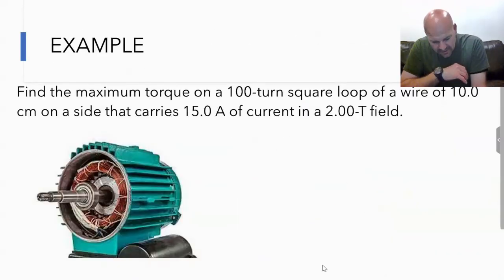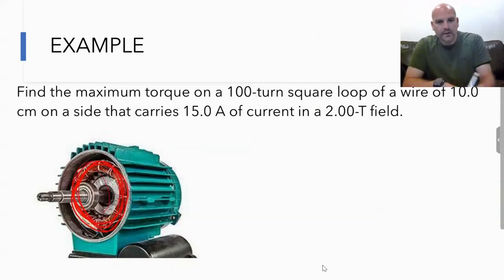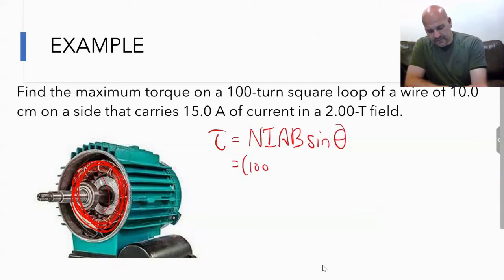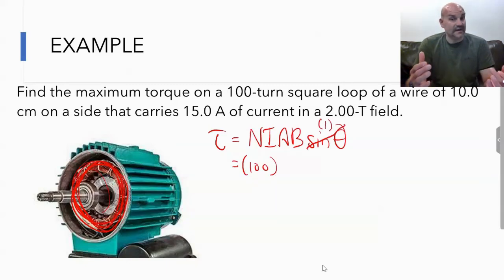What we're really looking at is that coil of wire. The torque is going to be NIAB sine theta. You can always make the assumption that it's going to be 90 degrees, because if it's not 90 degrees, then you're not going to have any torque.